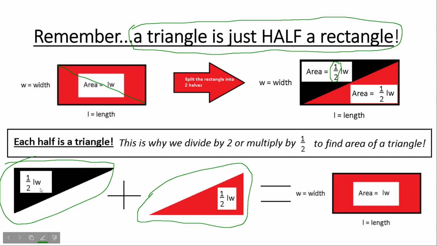We're taking half of the length and the width. Well, if you take both halves, put them together, it gives you the whole entire rectangle. So, if you know the area of a rectangle, you always know that you can split any rectangle into two triangles. So you know that the area for the triangle is going to be 1/2 of that. So let's continue.